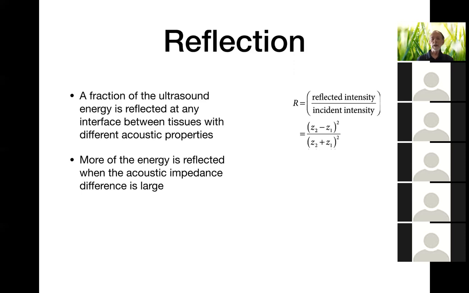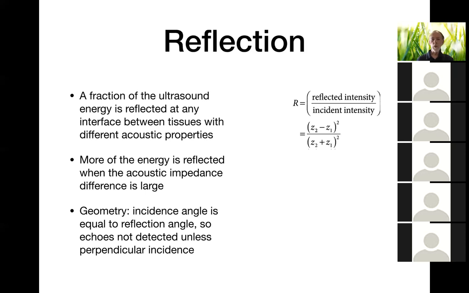So when I want to calculate the amount of energy reflected between two specific tissues, I'll be using their specific acoustic impedance values, and I calculate it by taking the difference between the acoustic impedance values divided by the sum of the acoustic impedance values, and all of that is squared. This will give us a number between 0 and 1. 0 means there's no reflection, 1 means all of the energy is reflected.